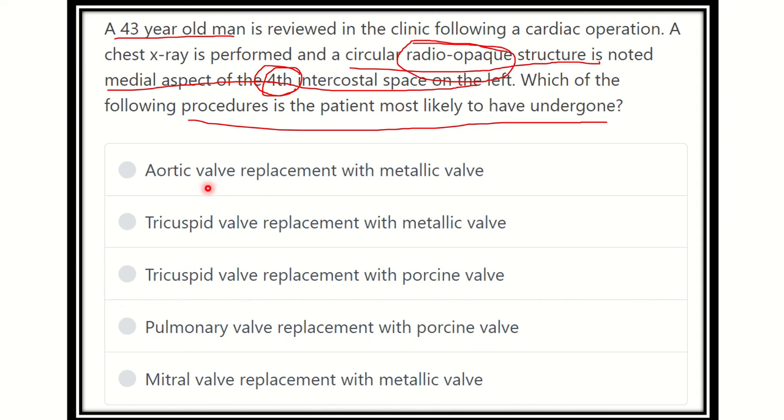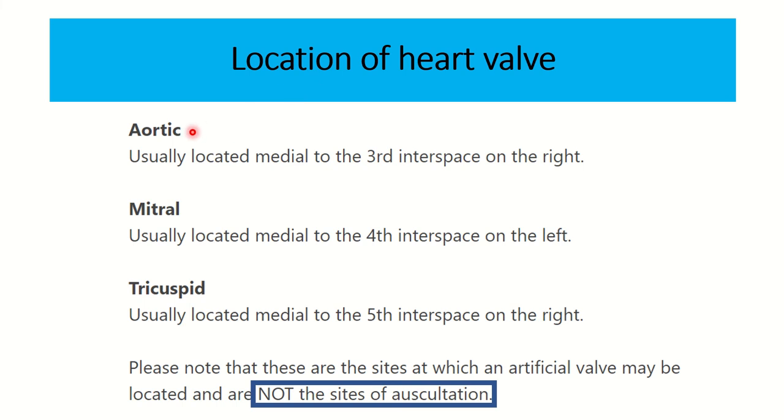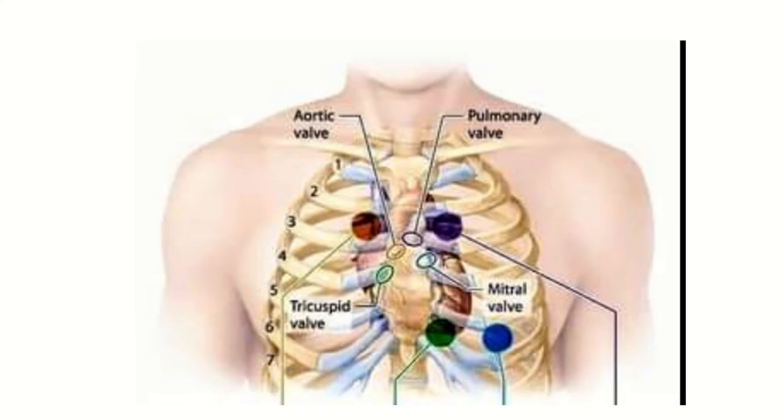So the radio-opaque structure lies medial to the fourth intercostal space. We have to find out the normal anatomical location of the valves, which lies in the fourth intercostal space of the left side. Aortic valve is usually located medial to the third intercostal space on the right, mitral is usually located medial to the fourth intercostal space on the left, and tricuspid is usually located medial to the fifth intercostal space on the right.